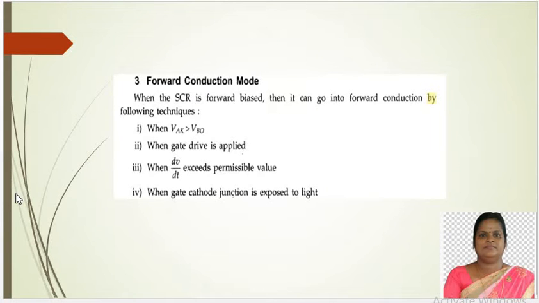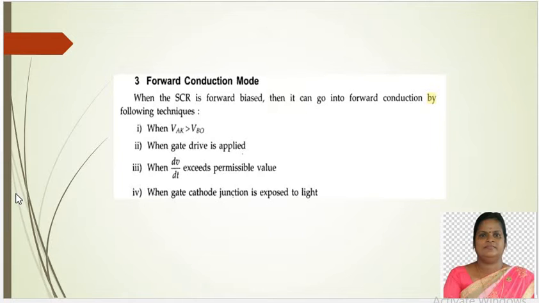Forward conduction mode: when the SCR is forward biased, it goes into forward conduction by the following techniques. When the anode to cathode voltage is higher than the breakover voltage, the device turns on.